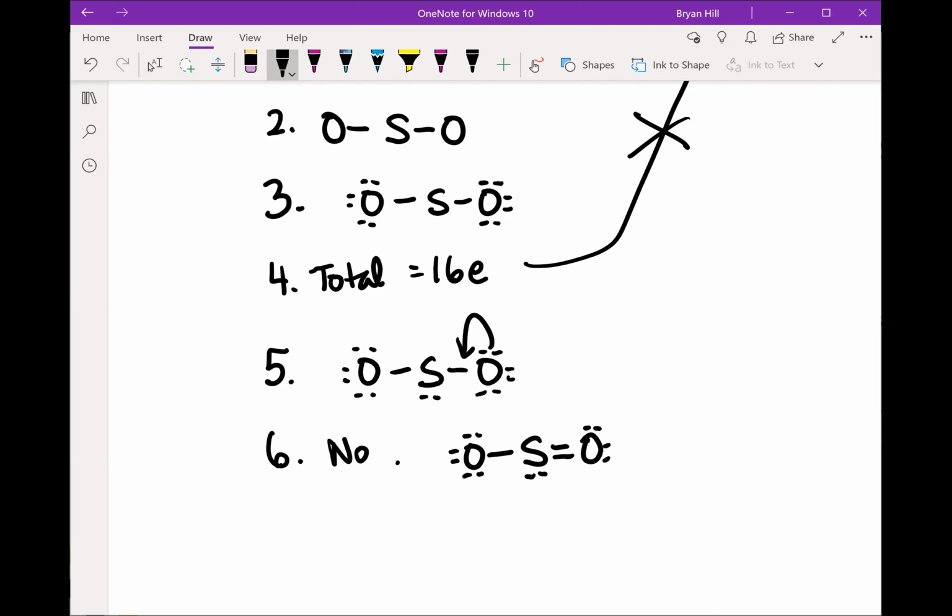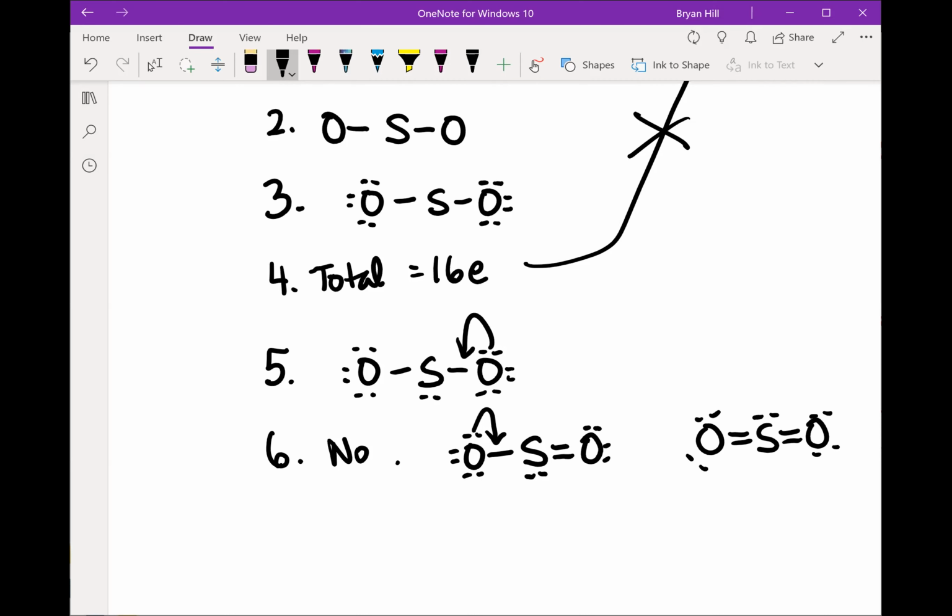So you could conceivably move these electrons down as well, which would give us a structure that looks like this. And in the next section, we're going to compare these two structures and determine which one is better based upon the formal charge of the atoms involved.